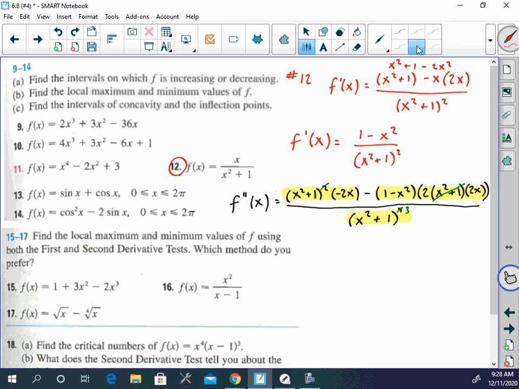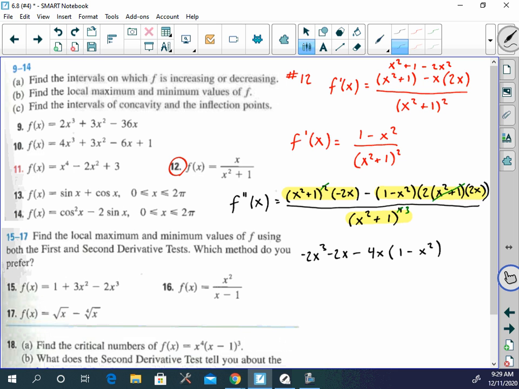Now I'm going to try to clean it up so that I can take and set this equal to 0 as my next step. So my numerator, if I distribute this through, gives me negative 2x cubed minus 2x. And then in the back, I'm going to put the minus out front, and I've got 4x here because that piece canceled, times 1 minus x squared.